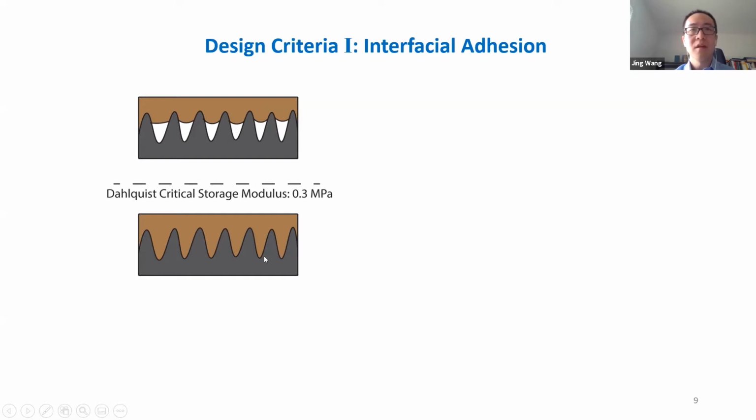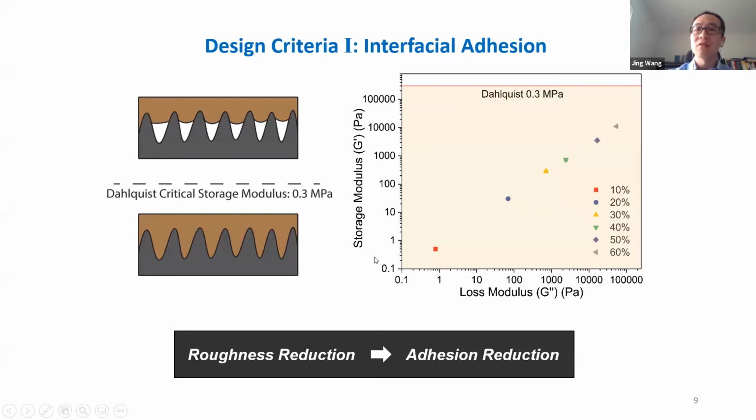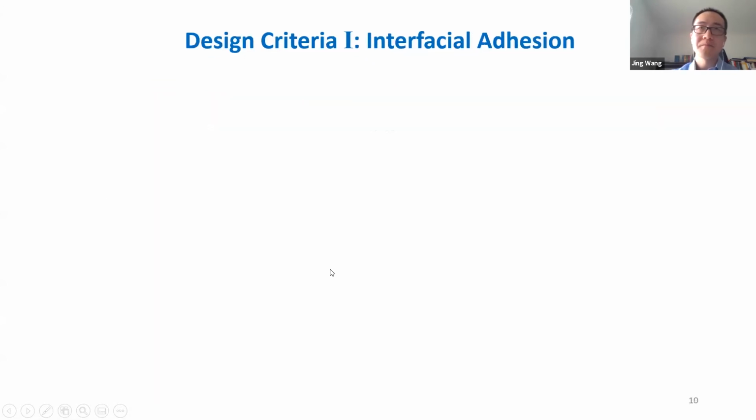Which means increasing the surface roughness will increase the adhesion once the storage modulus is below 0.3 megapascal. And our viscoelastic solid, the fecal waste, is below this criterion, which means in order to reduce the adhesion, we need to reduce the surface roughness. And the ideal surface will be an ultra smooth surface.